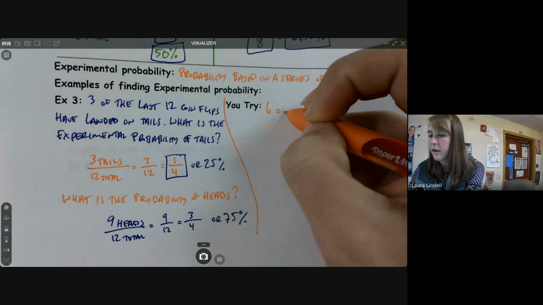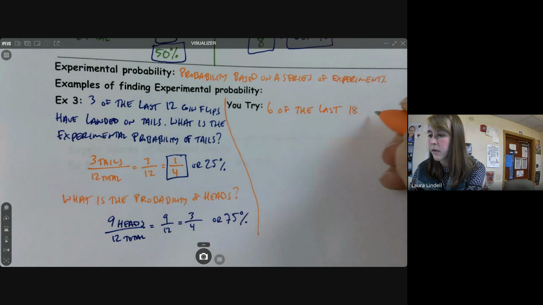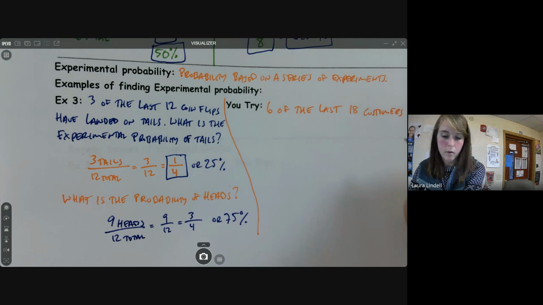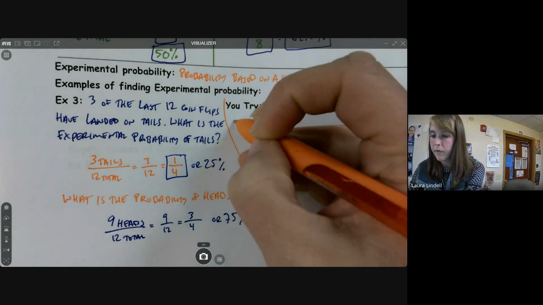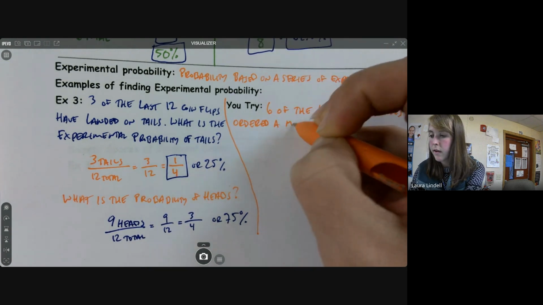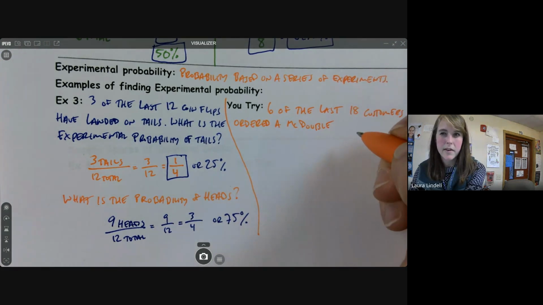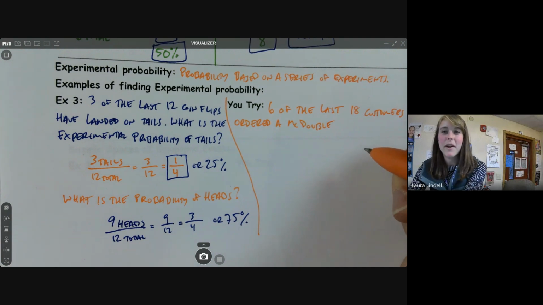6 of the last 18 customers ordered a McDouble. That's a thing, right? McDouble sounds like a thing. Anyways, we're just making this up as we go. 6 of the last 18 customers ordered a McDouble.